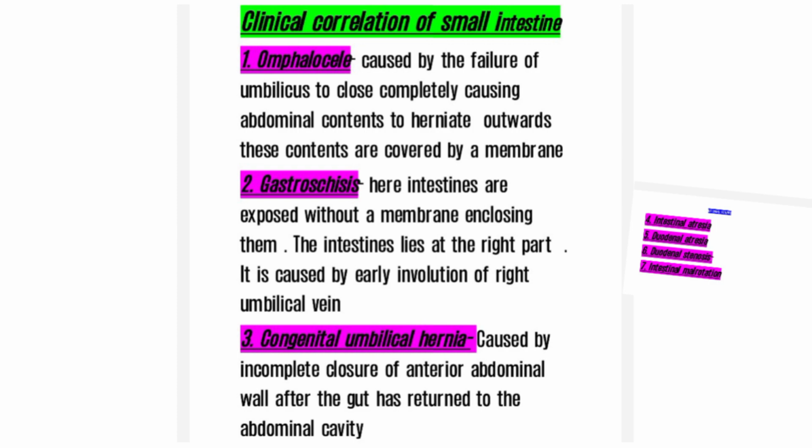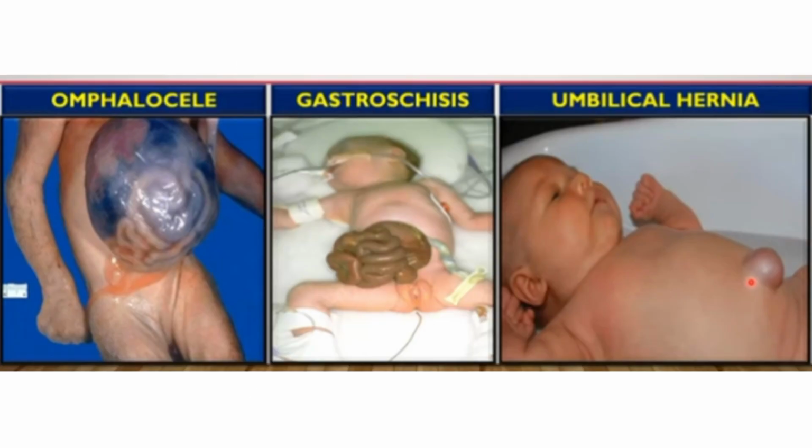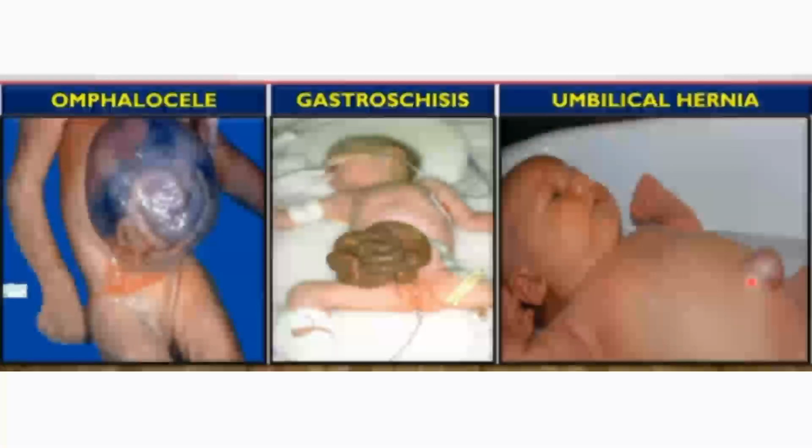Omphalocele is caused by failure of the umbilicus to close completely, causing the abdominal contents to herniate outwards. And these contents are mostly covered by a membrane. This is what you call omphalocele. This is the picture representing this anomaly called omphalocele. It appears so frightening, but you can just view it.